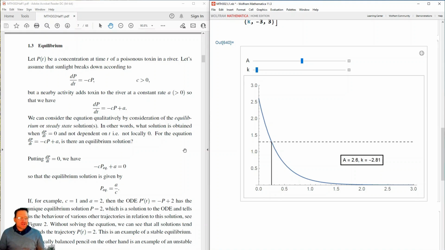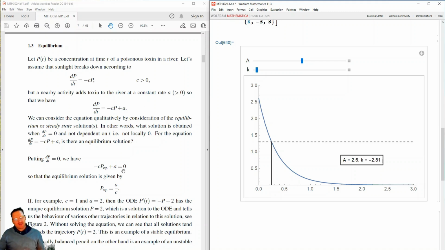So for the equation that we just saw, is there an equilibrium solution? Okay, so let's consider what happens when we put in dp on dt is equal to 0. So we're seeking an equilibrium solution, p subscript eq for equilibrium, such that that rate is equal to 0. So basically we sub in 0 for the left-hand side of this equation here, and we solve for p.